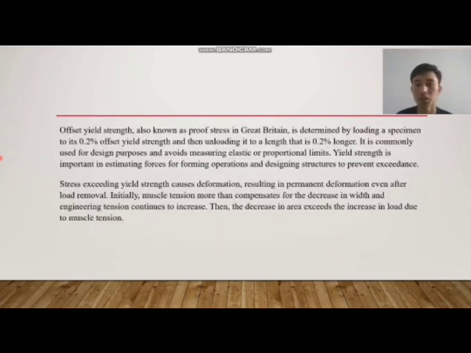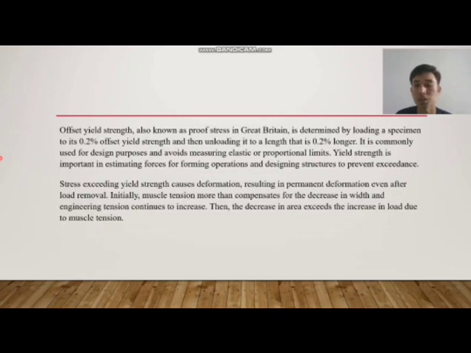Offset yield strength, also known as proof stress in Great Britain, is determined by loading a specimen to its 0.2% offset yield strength and then unloading it to a length that is 0.2% longer. It is commonly used for design purposes and avoids measuring elastic or proportional limits.